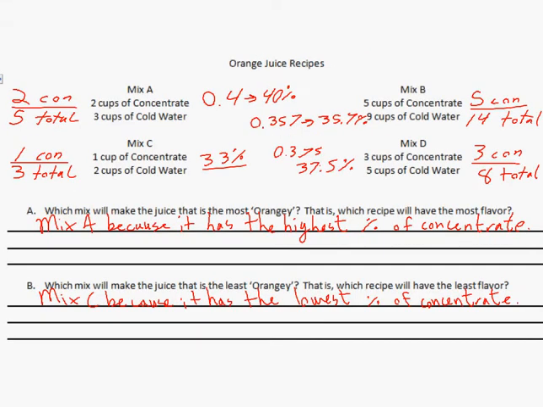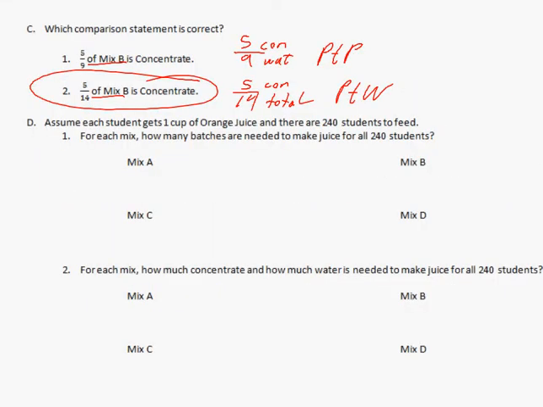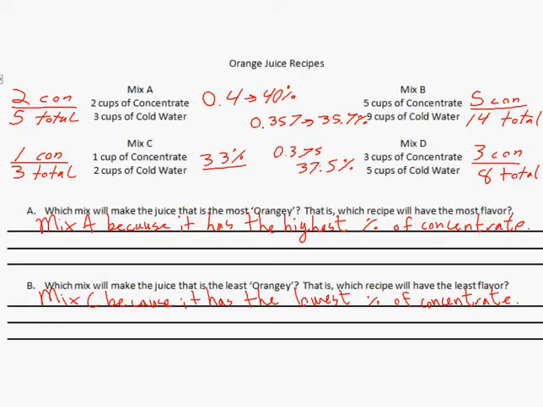Mix A makes 5 cups of orange juice. We need 240. Simple as 240 divided by 5. 240 divided by 14. 240 divided by 3.